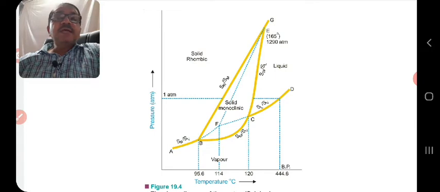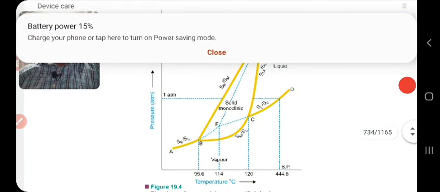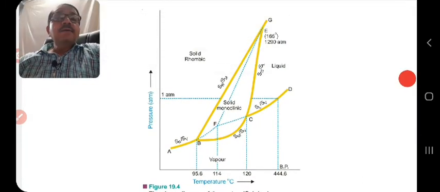The different temperatures like 95.6, 114, 120, 444.6 degree centigrade are represented here, which are coinciding the temperatures of different points B, F, C, D. Now A, B, F, C, D, E, G, these are the different points shown in this diagram part.